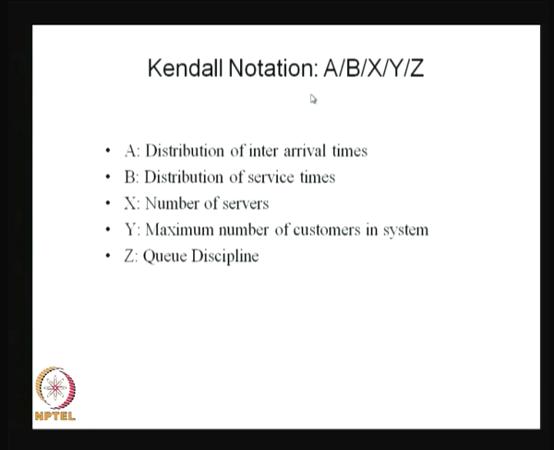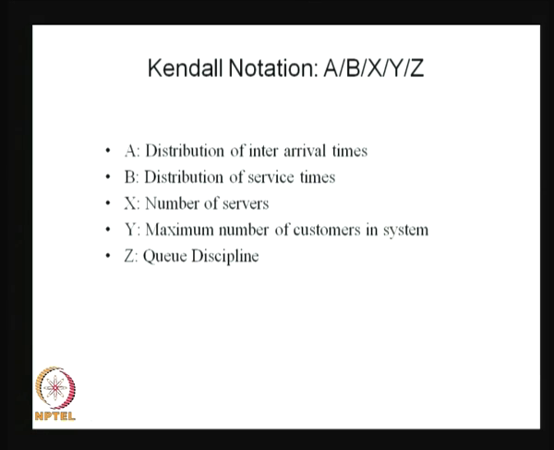A denotes the arrival pattern information. Here A denotes the distribution of inter-arrival time. The second one, capital B, whatever letters you assign for the second one, denotes the distribution of the service time.